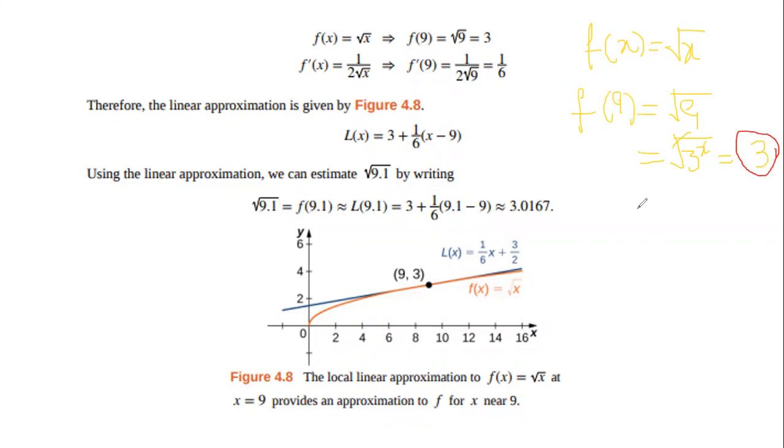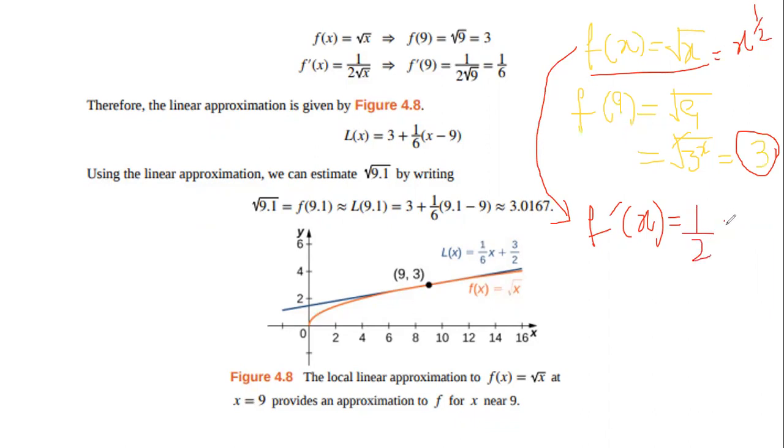Now the next value is f derivative of x. As f of x equals root x, I have to take the derivative of this. It is x to the power 1 upon 2, so it will be 1 upon 2 x to the power 1 upon 2 minus 1, which is 1 upon 2 x to the power minus 1 upon 2.